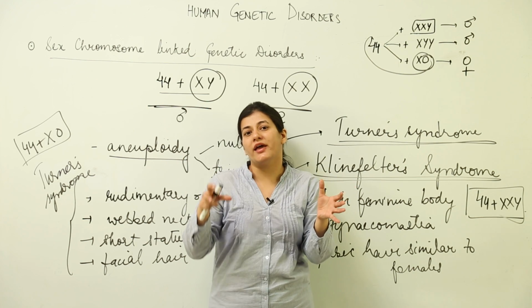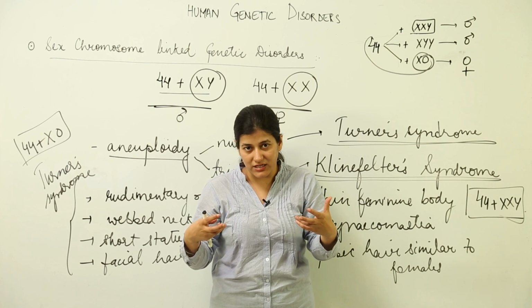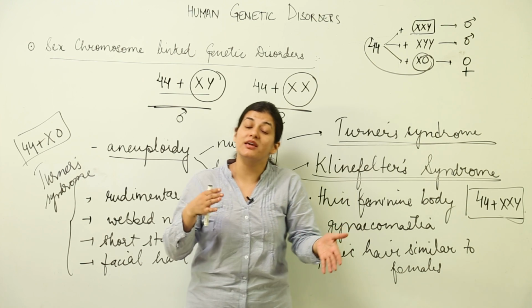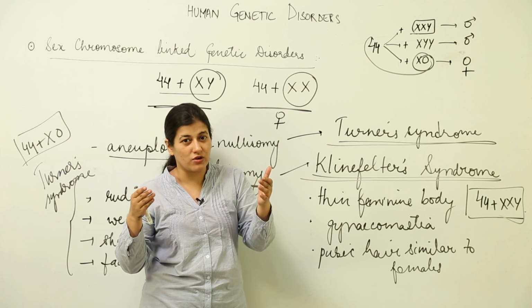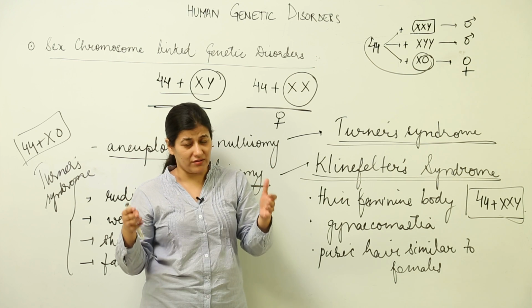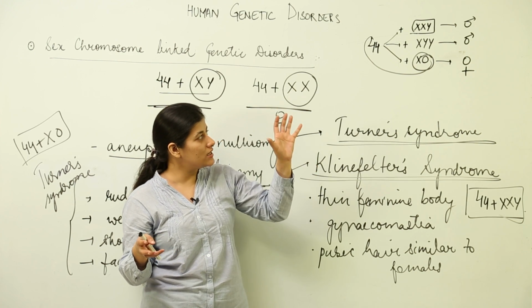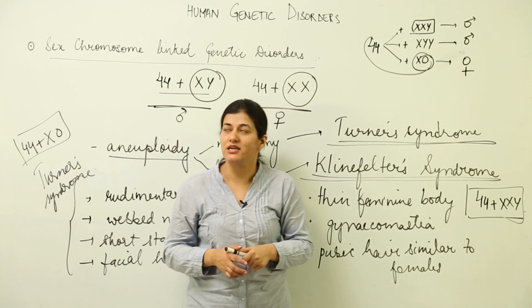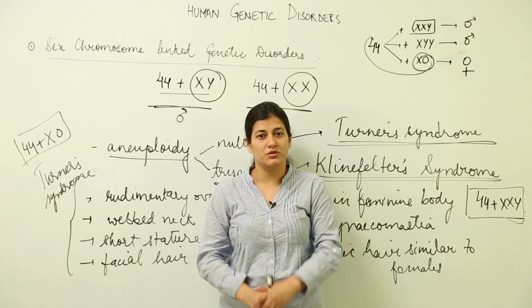So if an extra Y chromosome is coming, you can think that it would give more sexual character expression. It's not that. Instead, it makes someone who is suffering from such a condition a psychopath. They are psychologically very inferior. In fact, they are mentally retarded in most of the cases. So this is what you have to study in the cases where sex chromosome linked genetic disorders are visible in humans.